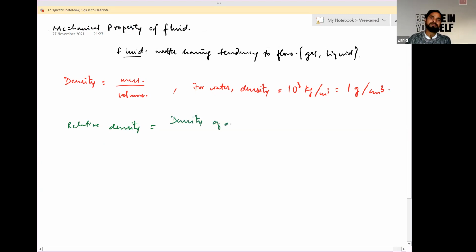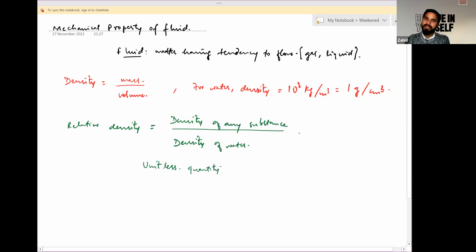Density of any substance divided by density of water is termed relative density. It is a unitless quantity, which may be equal to specific gravity.